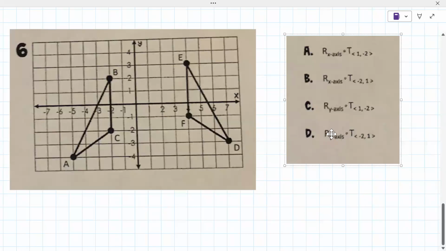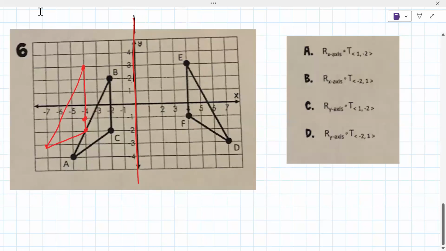Okay, so D is over the y-axis. The y-axis is this one here. Oops, let me switch colors. All right, but you're first moving it. You said D, right? D like dog or B like boy? D like dog. Okay, so you're first moving it left 2 and then up 1. So here's that one.